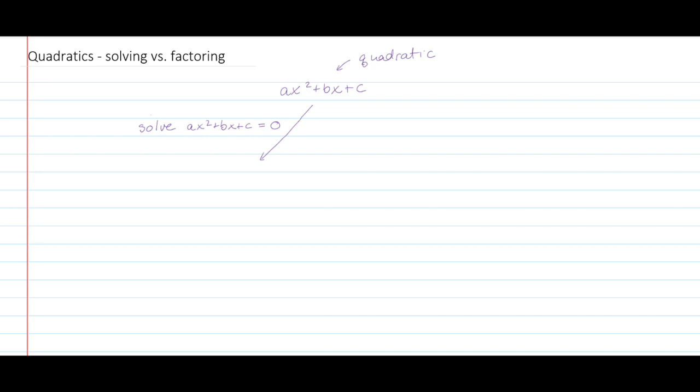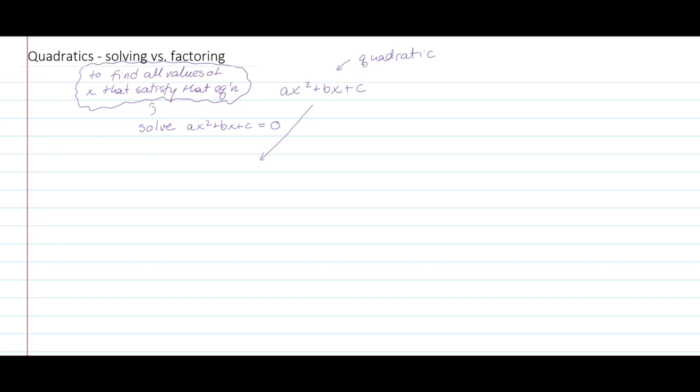To solve an equation means to find all values of x that satisfy that equation. In other words, you've got to end up with x is equal to something, or x is an element of some set. So how do I solve a quadratic equation?